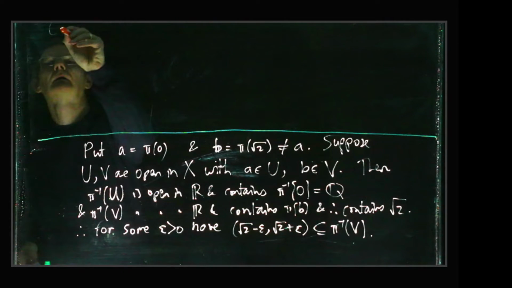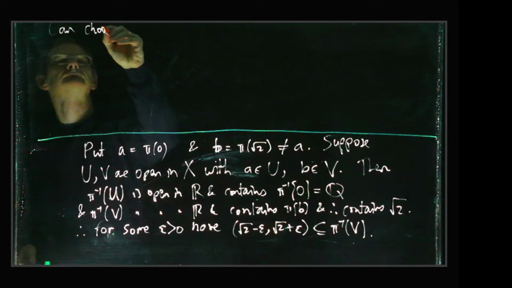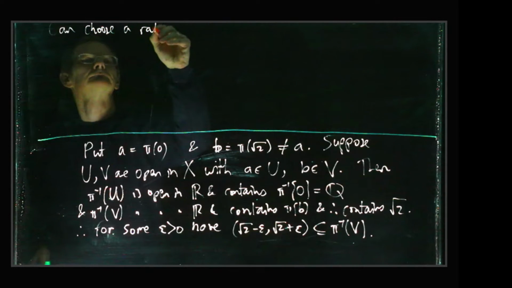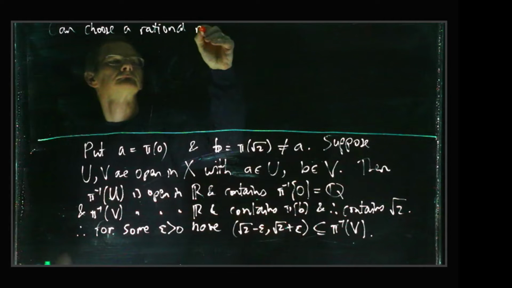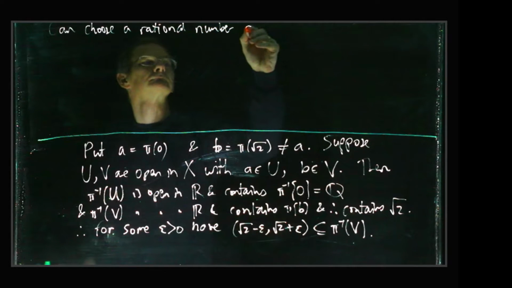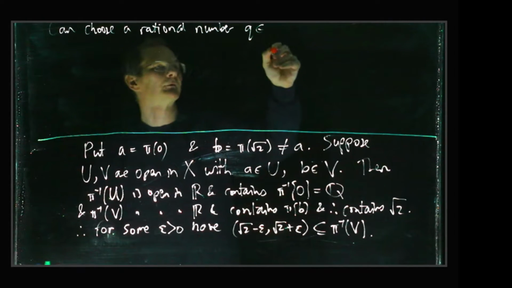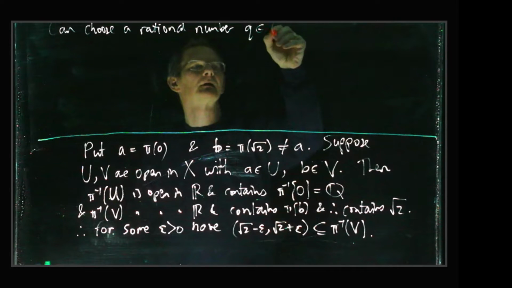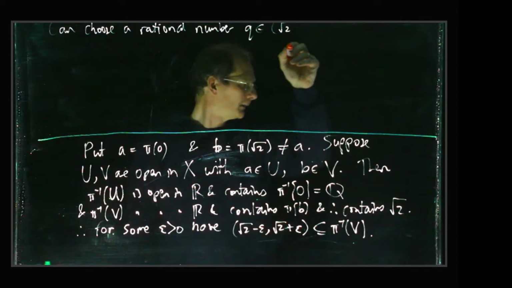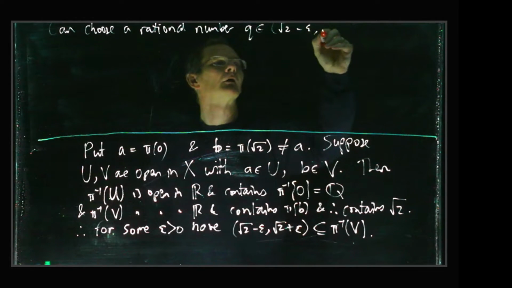So we can choose a rational in this little interval between root 2 minus epsilon and root 2 plus epsilon.